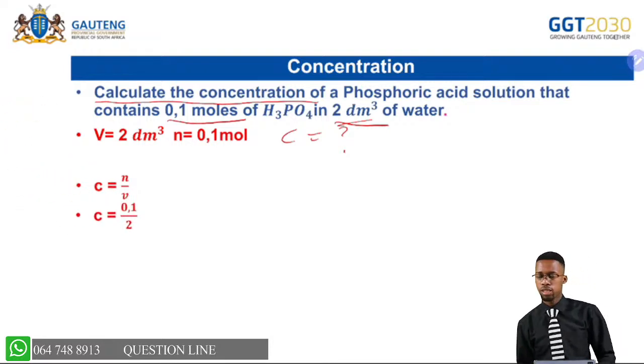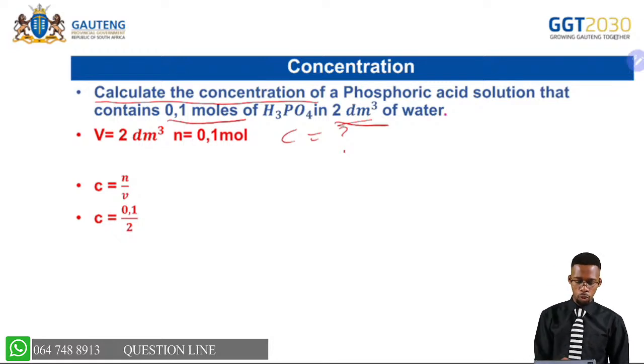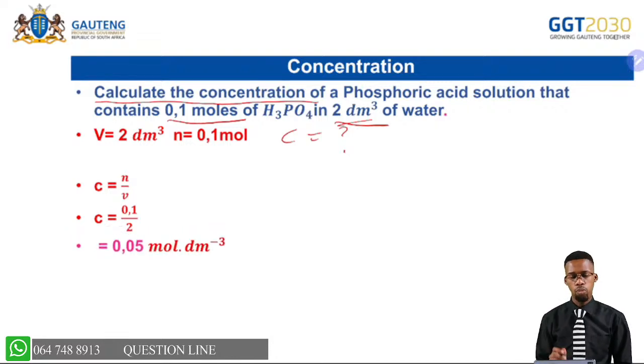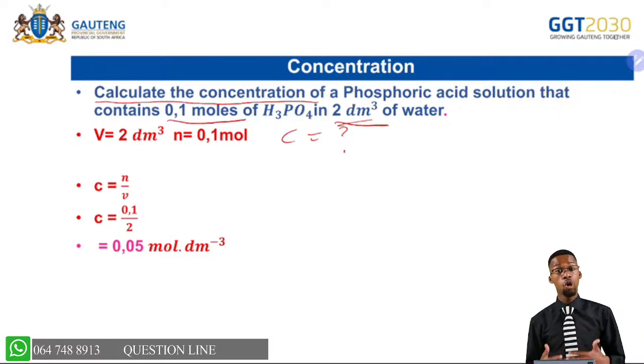So now, you substitute. What are your number of moles? 0.1, divided by what? Volume, which is 2. And what is your concentration? It's 0.05 mole per decimeter cube. So this is how we determine concentration.